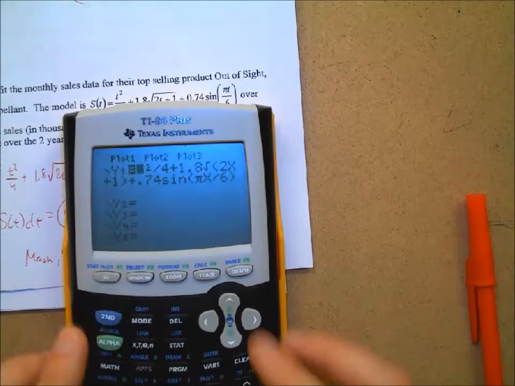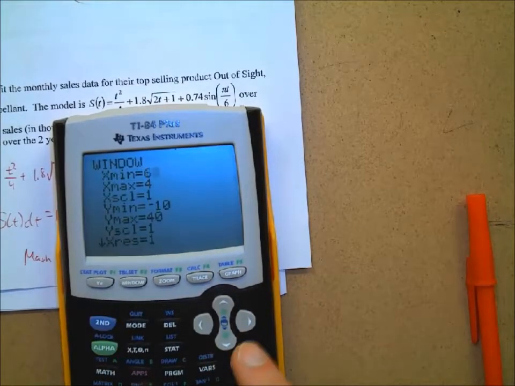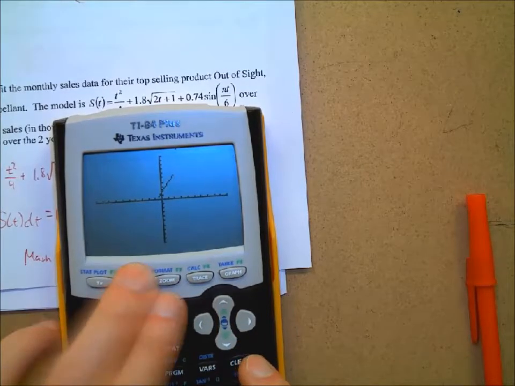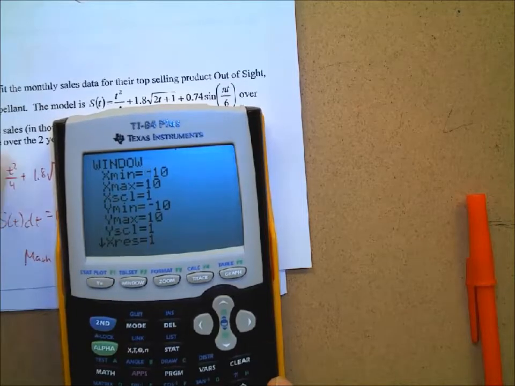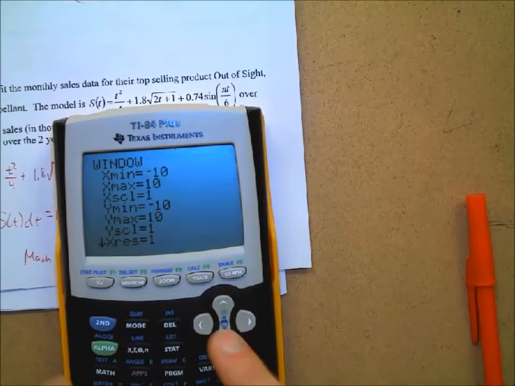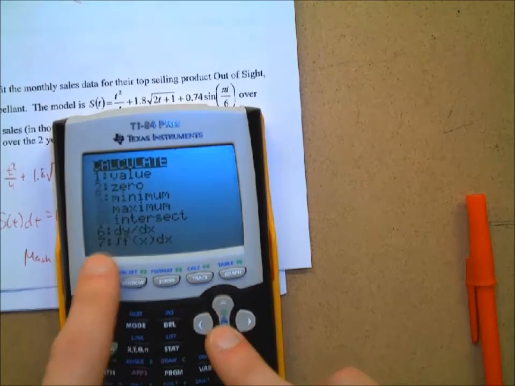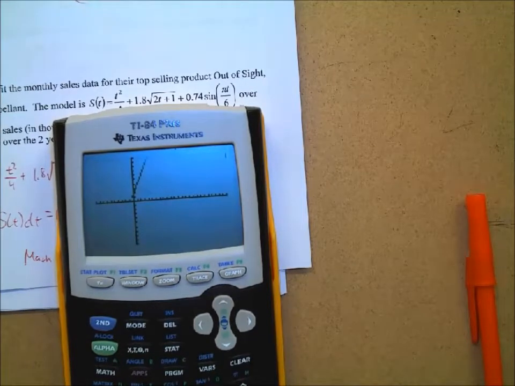Or you can go into your graphing section of the calculator. You can do this with the graph. You need to make sure, though, that in your graph you've got the interval from 0 to 24. So I'm just going to go up to like 25 here on my x. You can do second trace, and you see here for number 7 there's an integral f of x dx. I'll wait for that to show up.